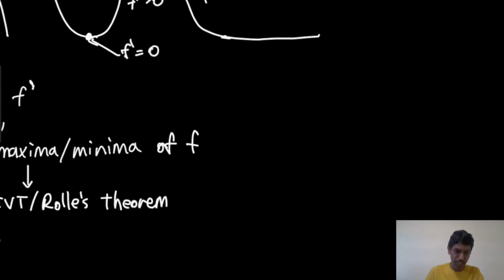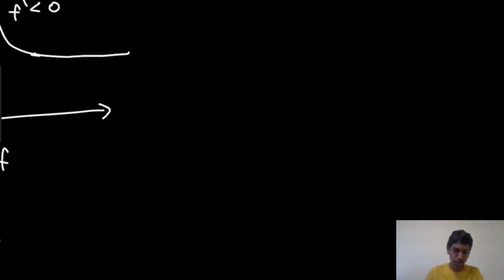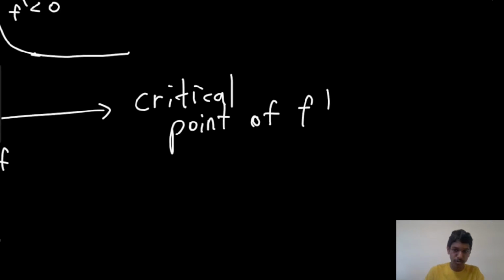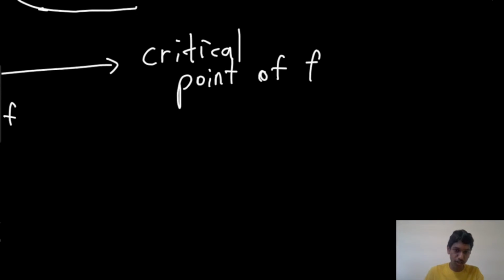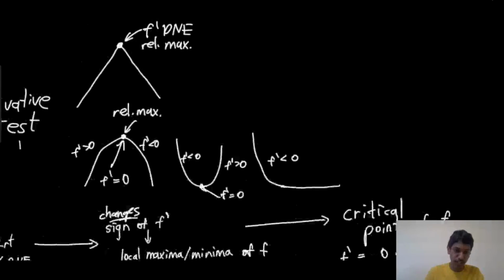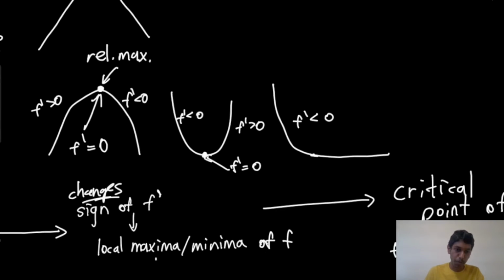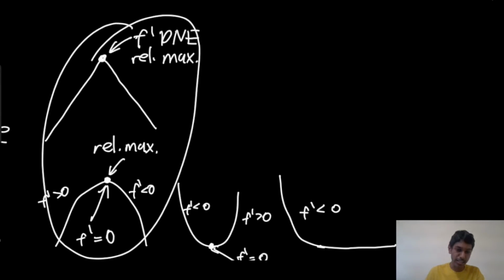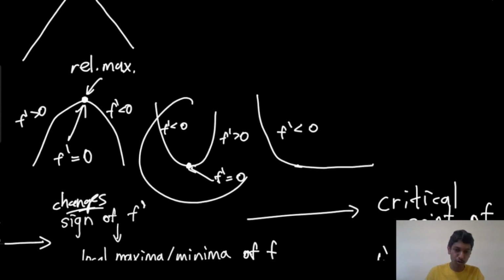So we can sum all this up in what we call the critical points of f. And the critical points are basically whenever the first derivative is either 0 or it doesn't exist. At these values of x, you might have a relative maximum or a relative minimum.